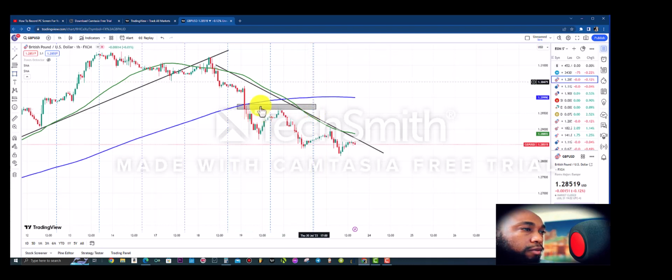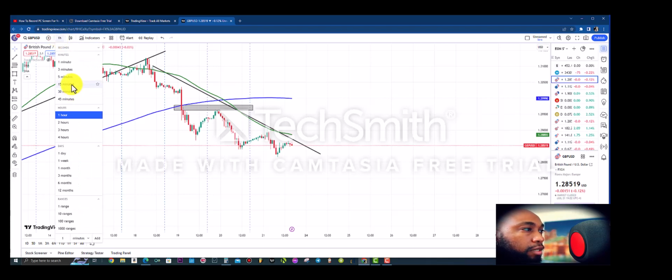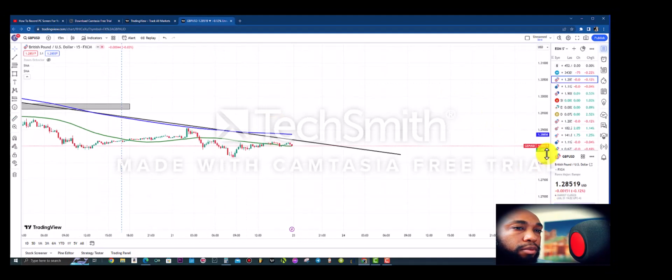Price was respected right here. And we got another push down. So we're trending. So what happens is I go all the way down to the 15-minute time frame to do a quick scalp.